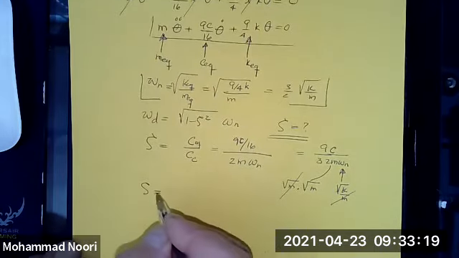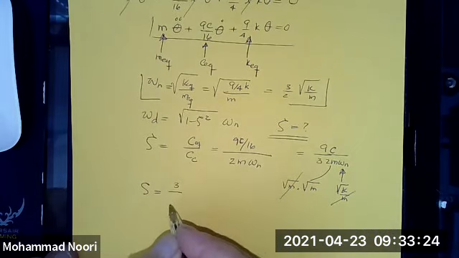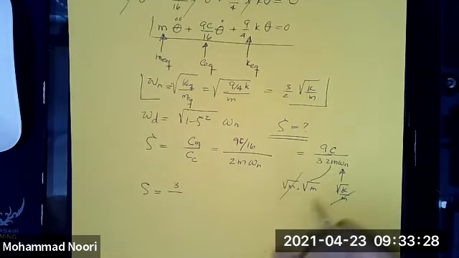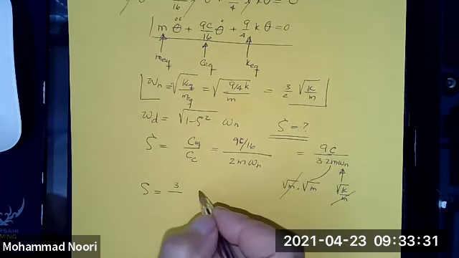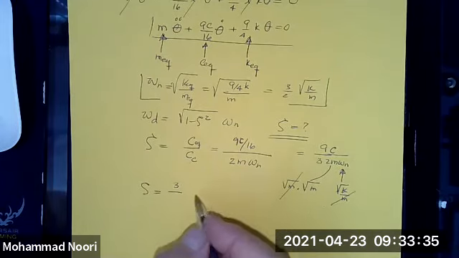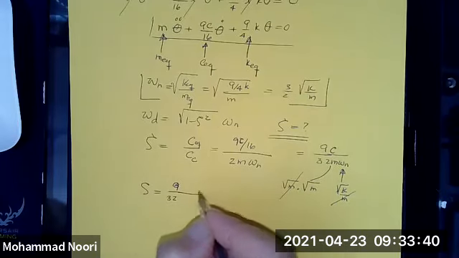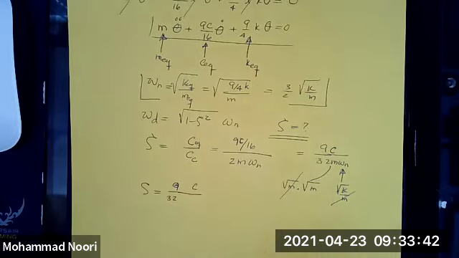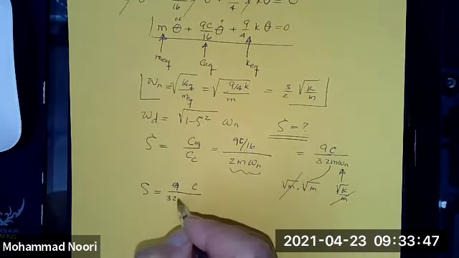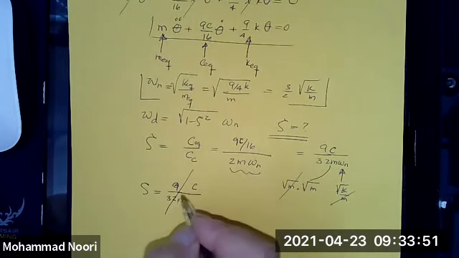So zeta is simplified to 9 over 32 of c, and this is 2 omega n.